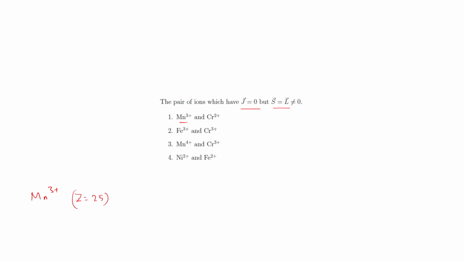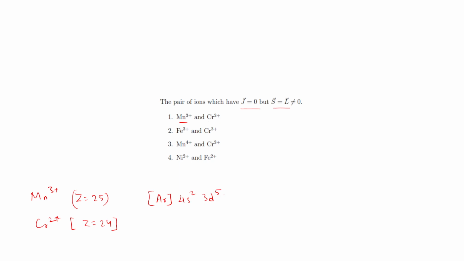Okay, and chromium has Z equal to 24. If you look at the electronic configuration, let's say it is argon, 4s2 3d5.